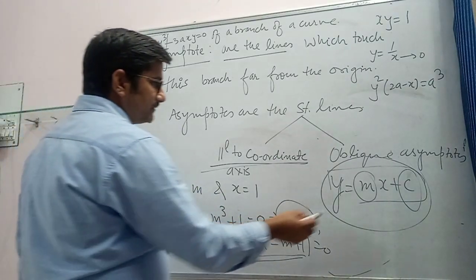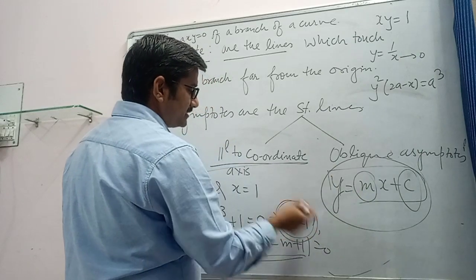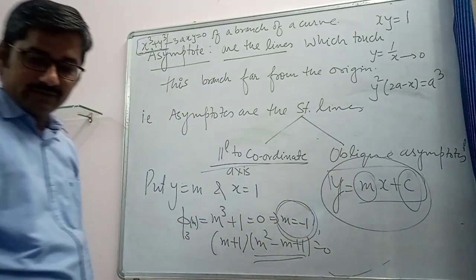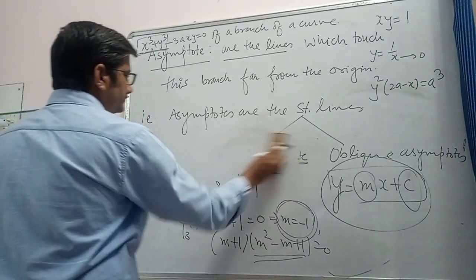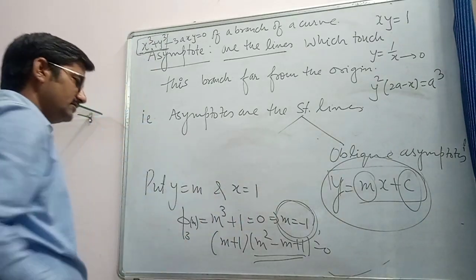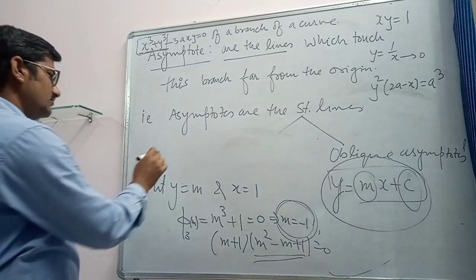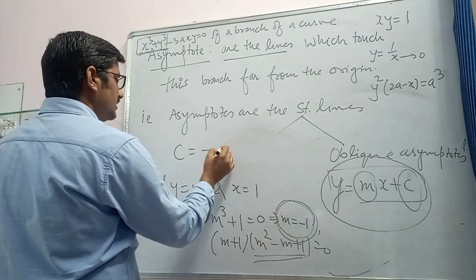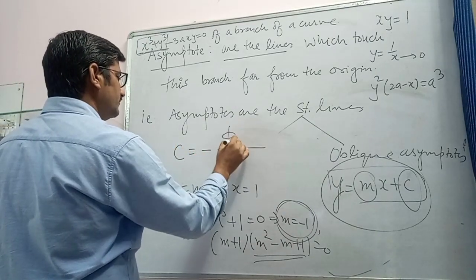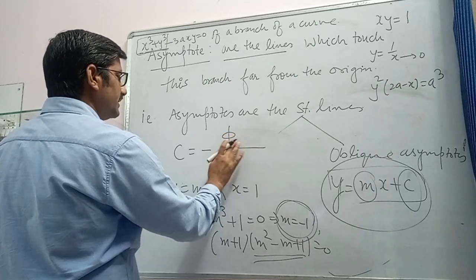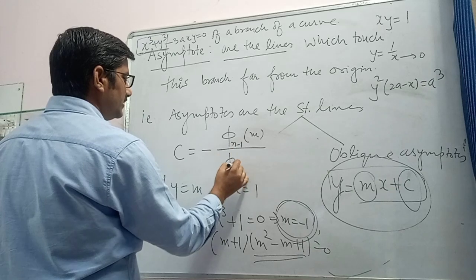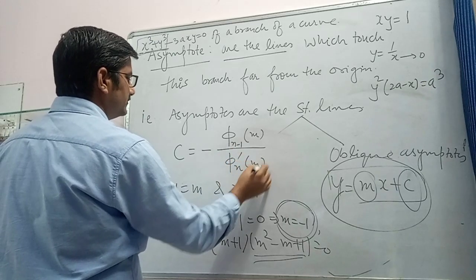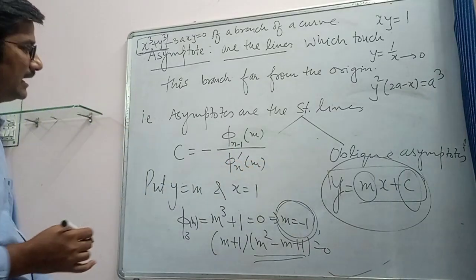What is the value of c corresponding to this m equal to minus 1? If you have different real values of m, to find the value of c we can use this formula: c equals minus phi 2 of m upon phi 3 dash of m, or you can write phi n minus 1 of m upon phi n dash of m, if n is the highest degree.